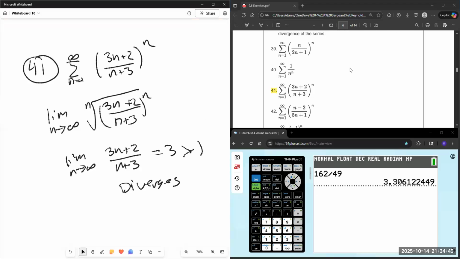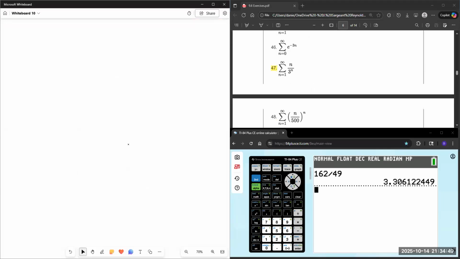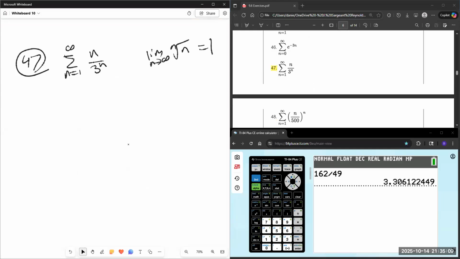Let's look at 47. 47 also wants me to use the nth root test. Summation n equals 1 to infinity, n over 3 to the n. Now I'm going to tell you that if you didn't see this in the notes or earlier in the book, we proved a while ago that the nth root of n equals 1.